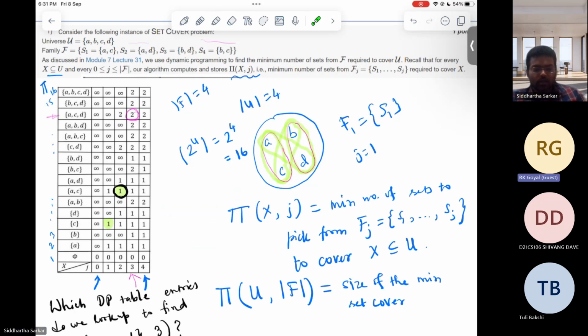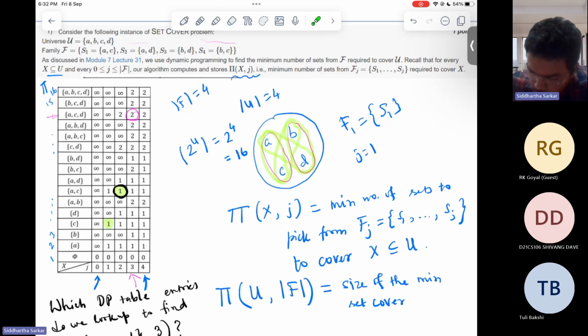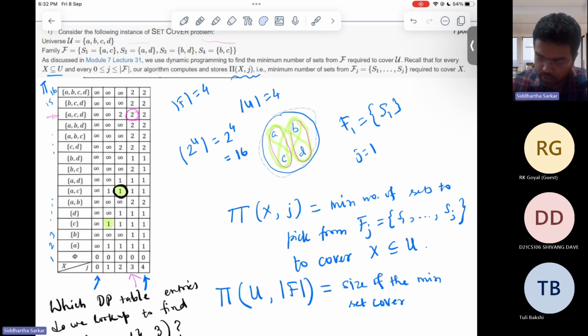So are there studies available on to what extent the tractability would hold, and beyond that point, the problem will become computationally intractable? For the set cover problem, the best we can do is find a log n approximation. Do you understand what an approximation is? A little bit. Okay, let me give you a primer on that.